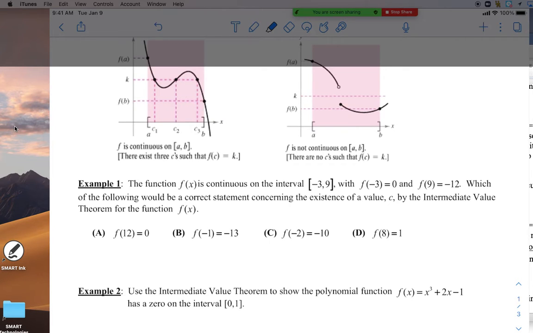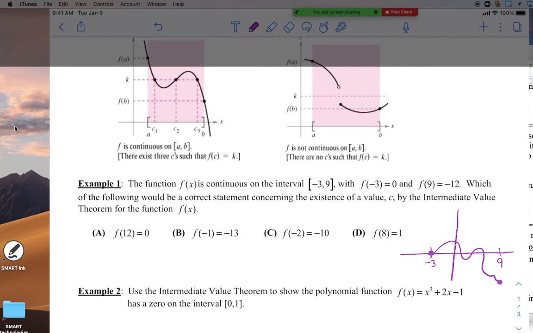Now this is multiple choice, so we don't have to do this formally. What I like to do until I get the hang of this is plot -3, here's 9. F of -3 is 0, f of 9 is -12. It is continuous. And so this could actually go up.